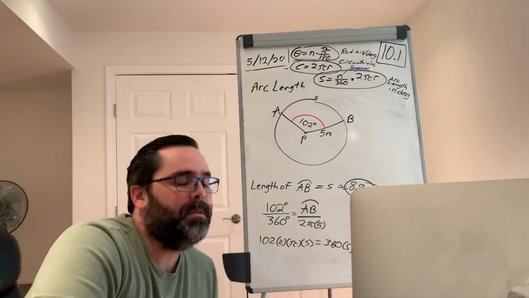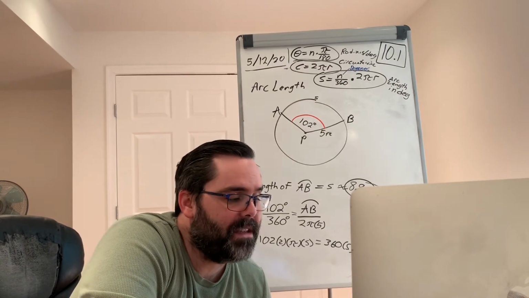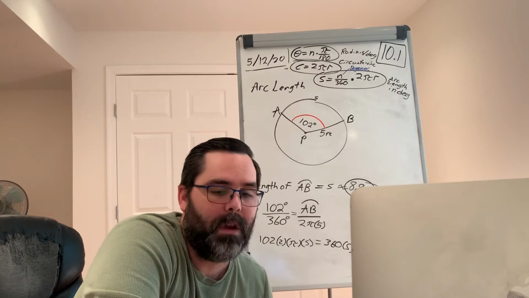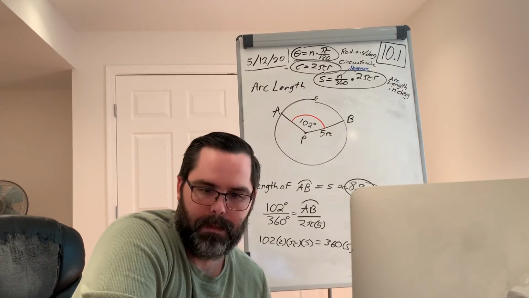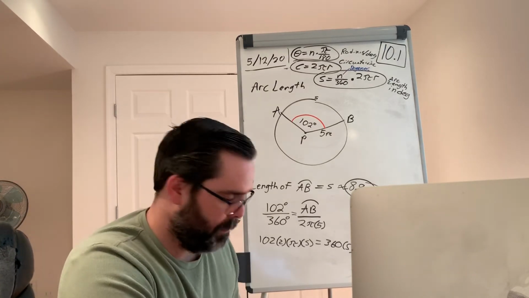Now, sometimes you might get a circle and they won't tell you it's 102 degrees. They might tell you it's blank radians. You need to be able to do the same thing, but in radians. Here's the formula for if it's in radians, and it's actually pretty simple.